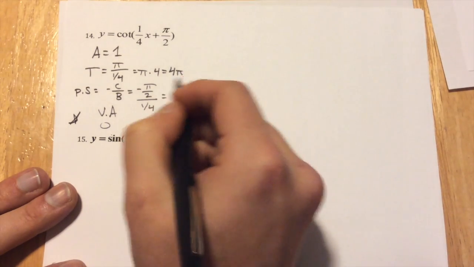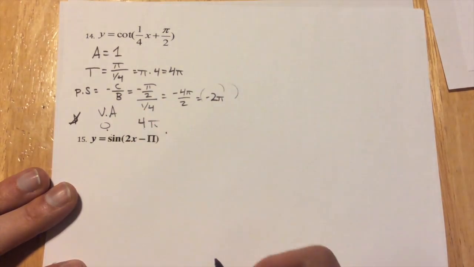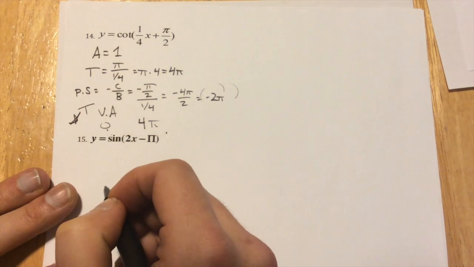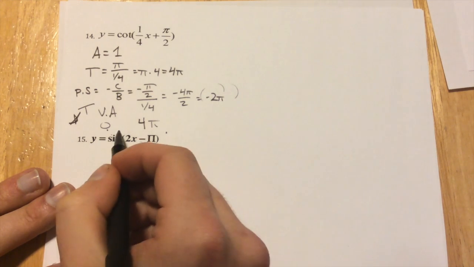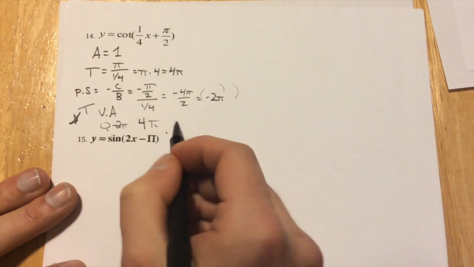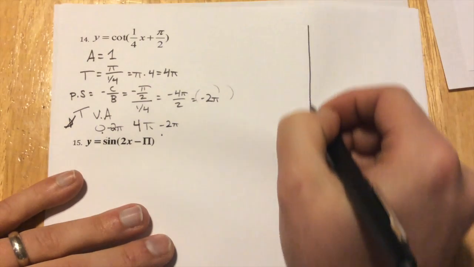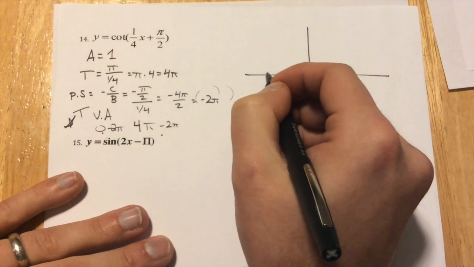My period is 4 pi, so I should have one at 0 and 4 pi, normally. That's given my period. And I'm going to add the phase shift to each. So I'm going to take away 2 pi, take away 2 pi. So instead of starting at 0, I'm going to start at negative 2 pi.